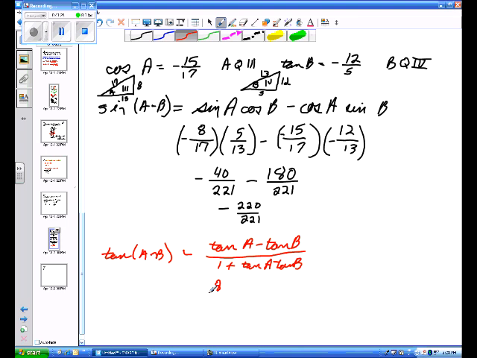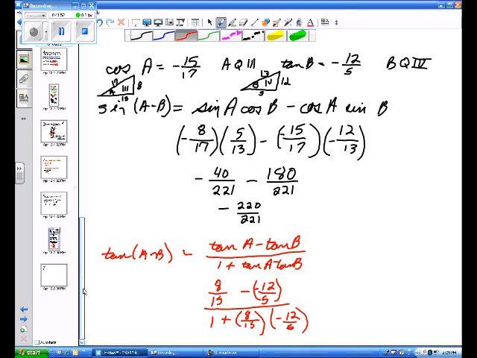Okay, the tangent of angle A is 8/15. We're in quadrant 3, so it's positive. The tangent of B is 12/5. We're in quadrant 4, so it's negative. Over 1 plus 8/15 times negative 12/5.